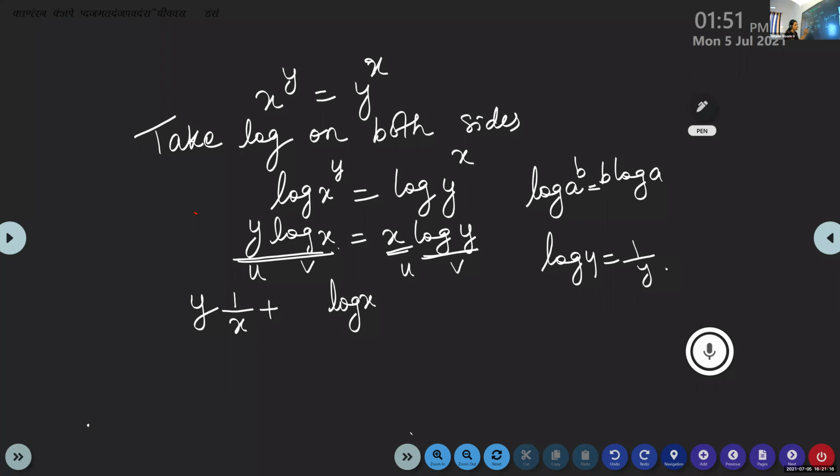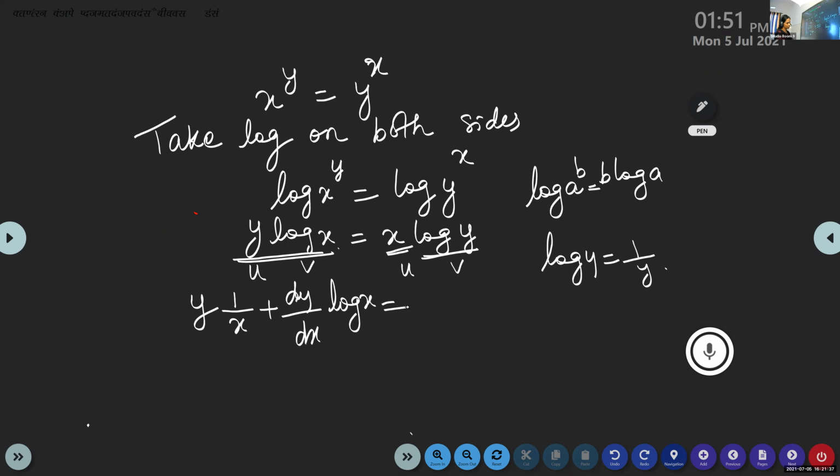So y into the derivative of log x, which is 1 by x, plus dy by dx into log x, equals, again product rule on the RHS. If you use product rule here, what will you get?